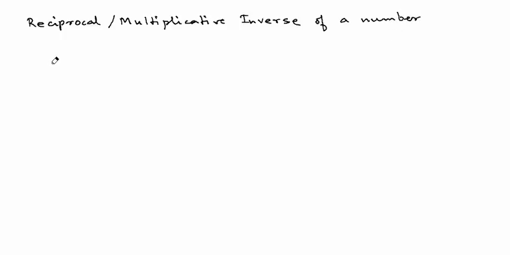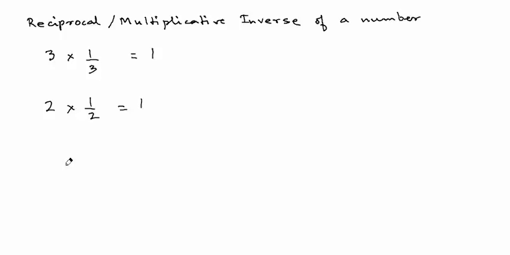You think of a number, let's say 3, its multiplicative inverse is that number that multiplies with 3 and the answer is 1. Now 3 times what is 1? This is 1/3, right? 3 times 1/3 is 1. So we say 1/3 is the multiplicative inverse of 3, or 3 is the multiplicative inverse or the reciprocal of 1/3. Similarly, the reciprocal of 2 is 1/2 because 2 times 1/2 is 1.